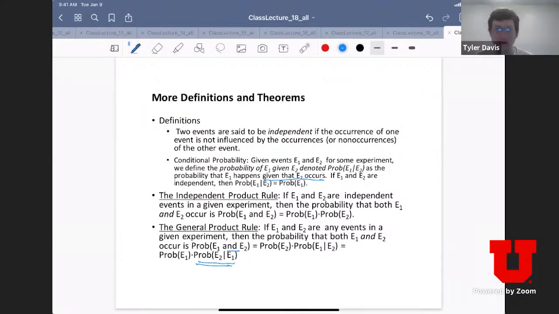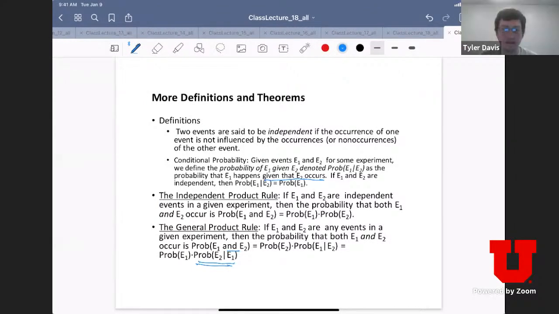Sometimes that bar means divides, but not in probability. In probability, it means E1 given E2. So that kind of means that we assume that E2 is already in effect? Yes, when the problem is stated, that's how it's stated usually.